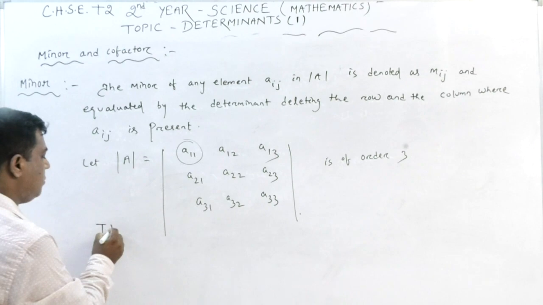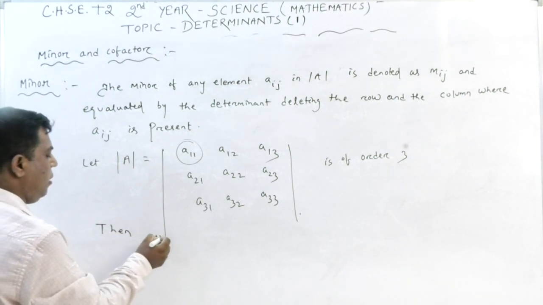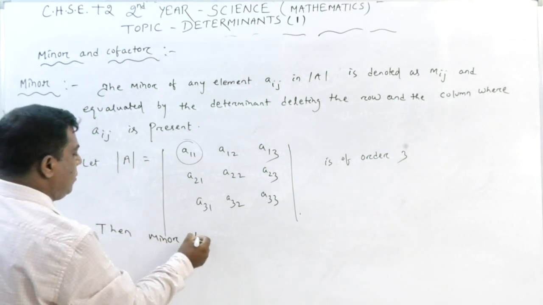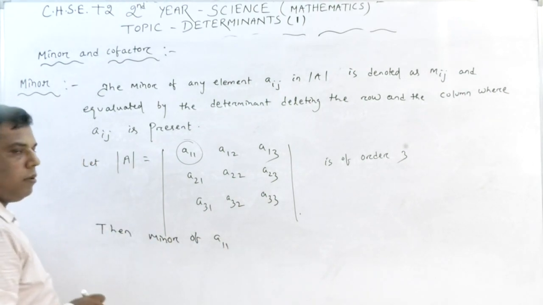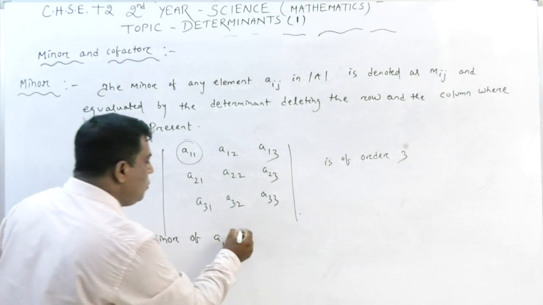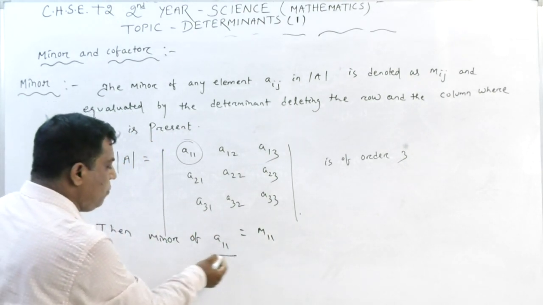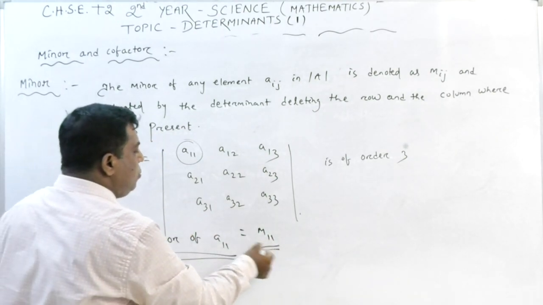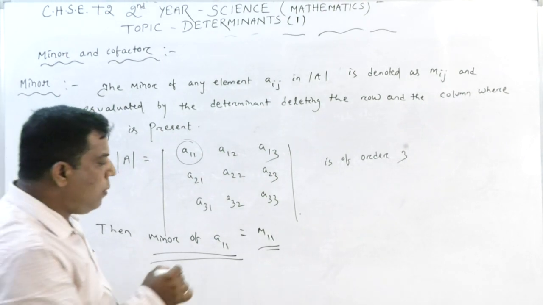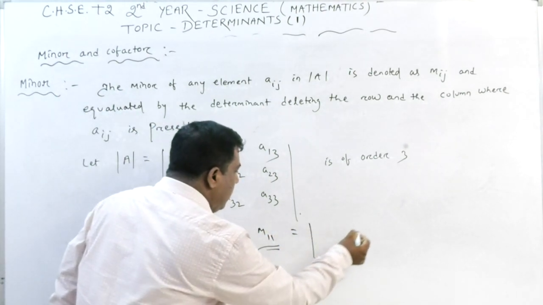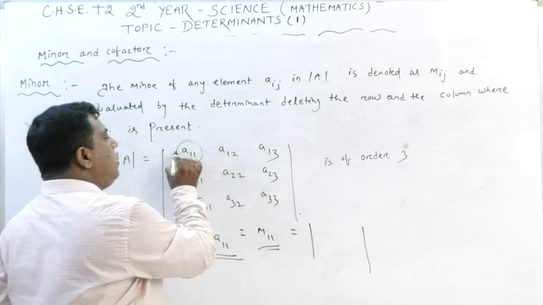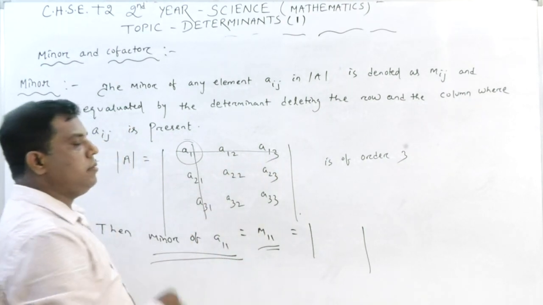Then the minor of A11 is denoted as M11. Minor of A11 is equal to M11. How can we find the minor? By deleting the row and the column where it is present.